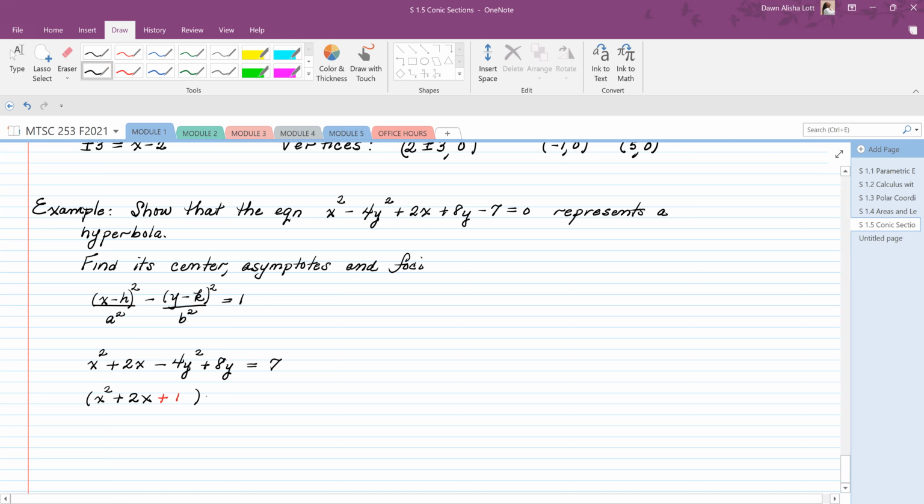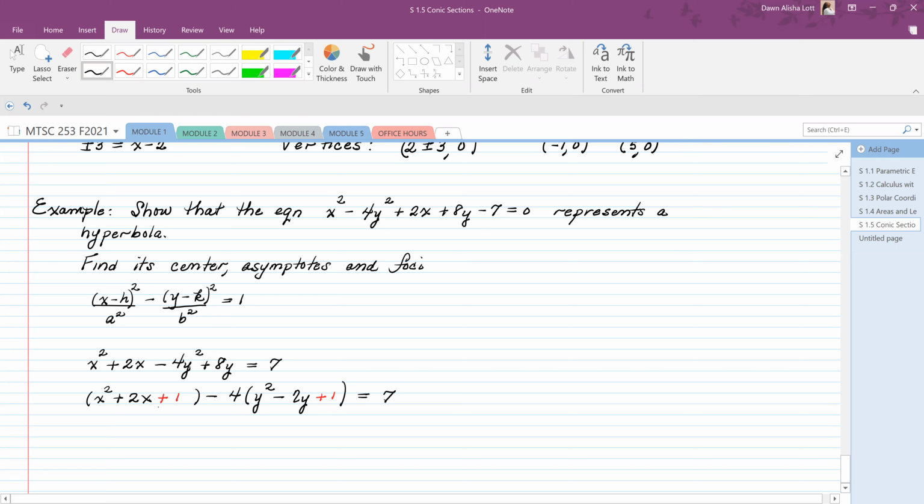And then I'm going to factor out a 4. That's going to give me y squared minus 2y, and so therefore, I'm going to again add a 1. And that equals 7.